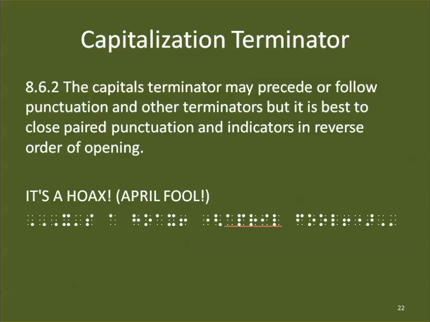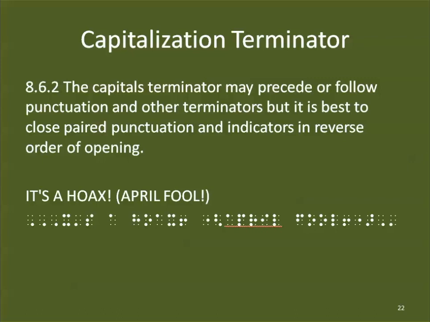We could terminate it after the exclamation point, or we could terminate it after the closing parenthesis there. But since we started our passage at the very beginning with a capitals mode indicator of some kind, so we have a passage indicator, and then we had a parenthesis. So instead of putting the capitals terminator before the closing parenthesis, we're closing the parentheses first because we started it second.